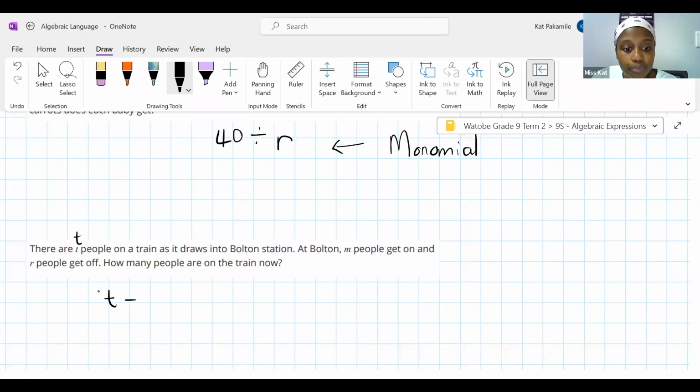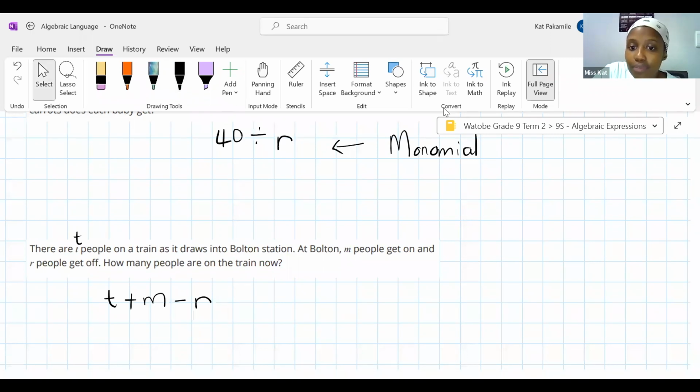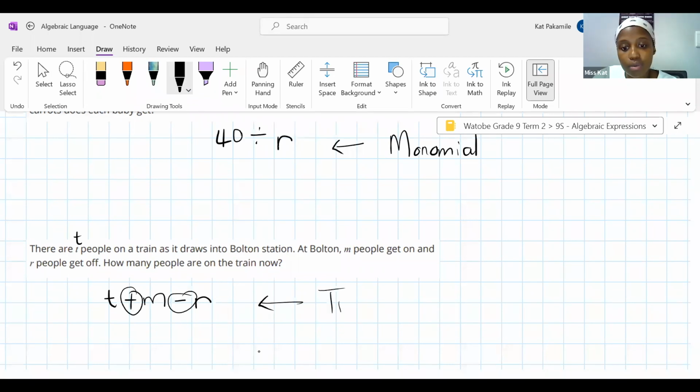So T plus M. And since people get off, I'm going to say minus R. So the whole expression is T plus M minus R. Beautiful. It has three terms, so it's a trinomial. Thank you very much.